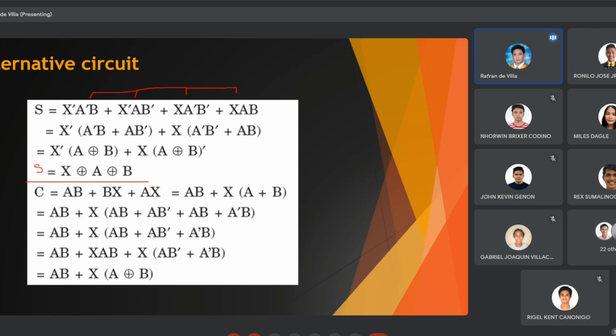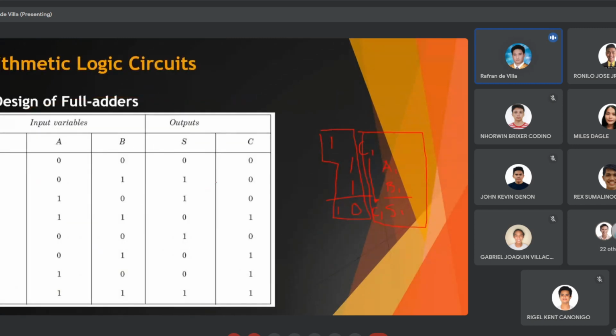If you look at the truth table, what do you notice about when it becomes one? It is when there is an odd number of ones.